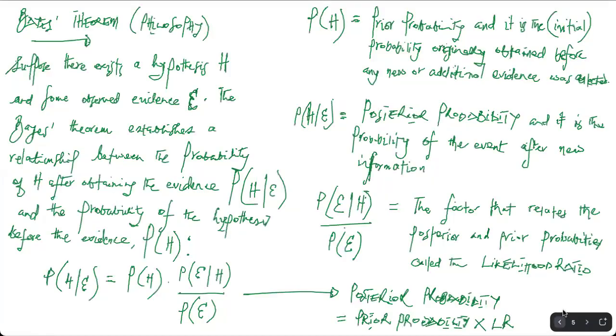So this is the philosophical dimension of the Bayes theorem. Let's look at the formal statement.